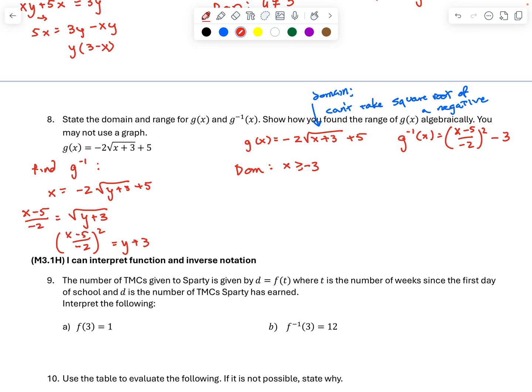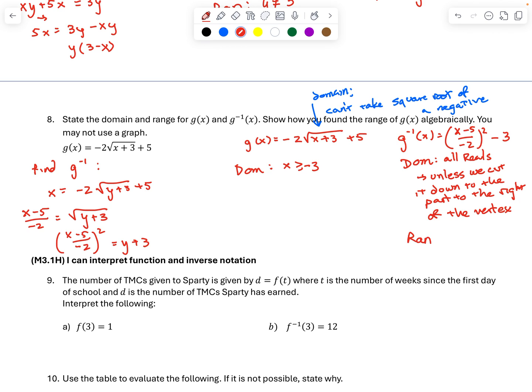Okay, so this is a perfect square down 3, so the range is going to be y greater than or equal to -3.